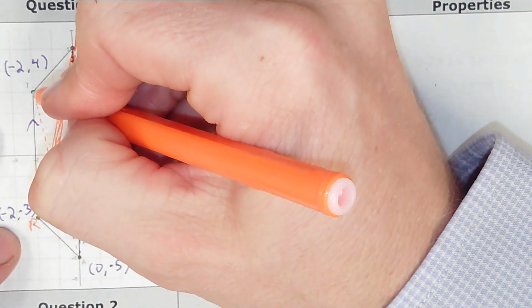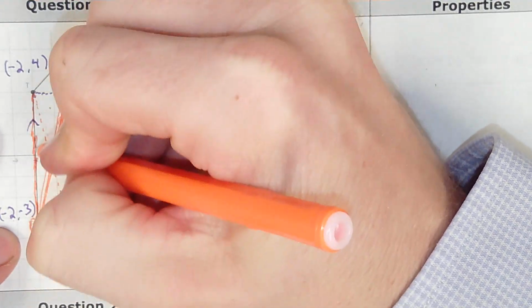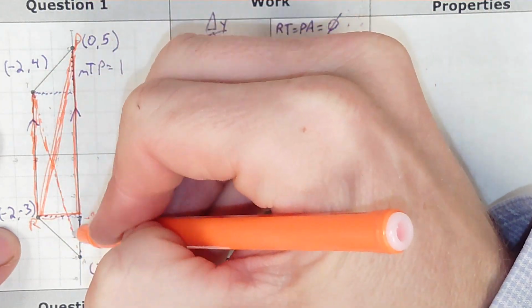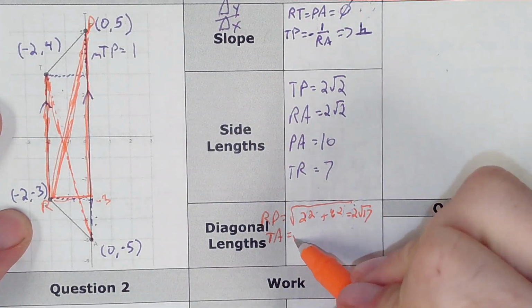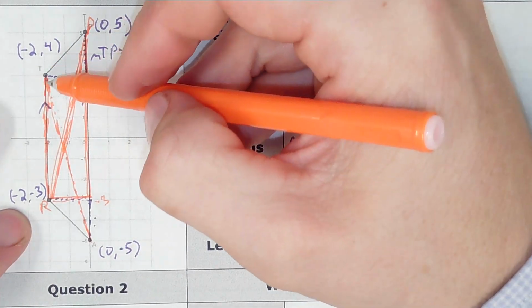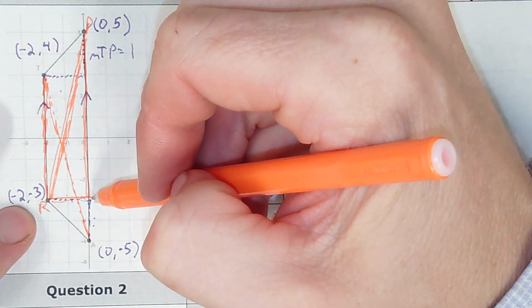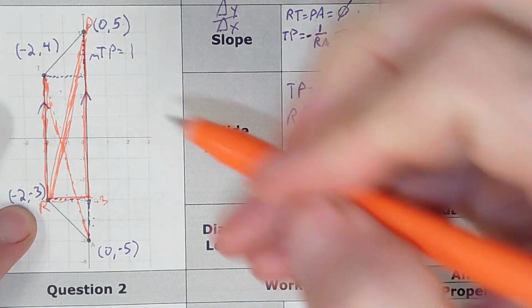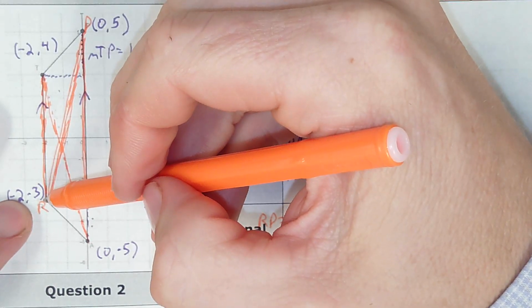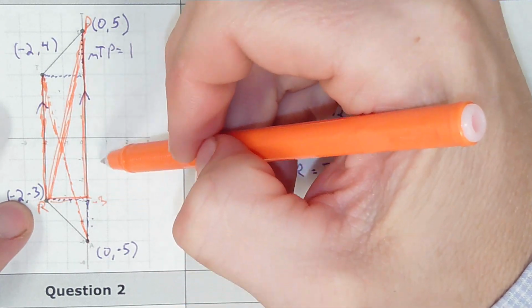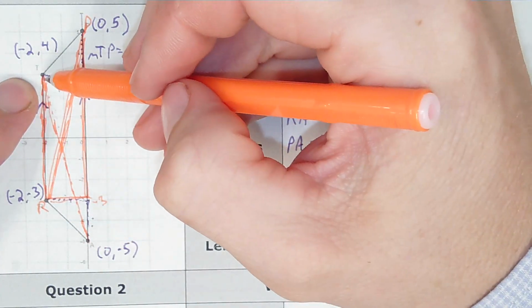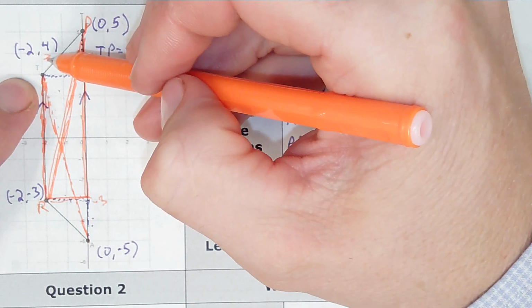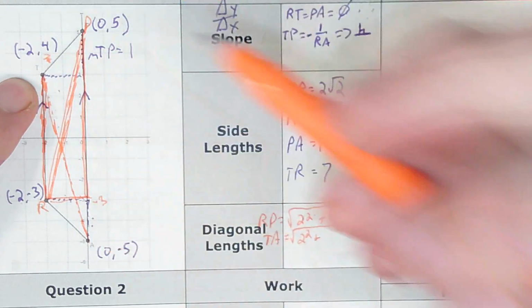This diagonal right here, TA, equals the square root of, let's see, that leg is 2 squared, plus negative 3 to, oh wait, no, 4 to negative 5.